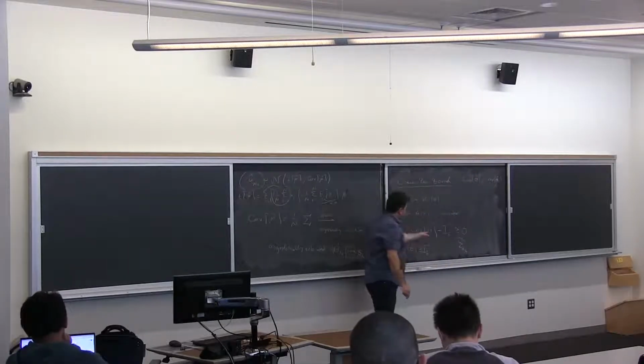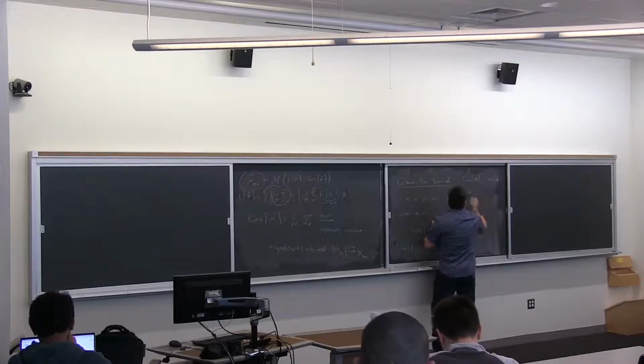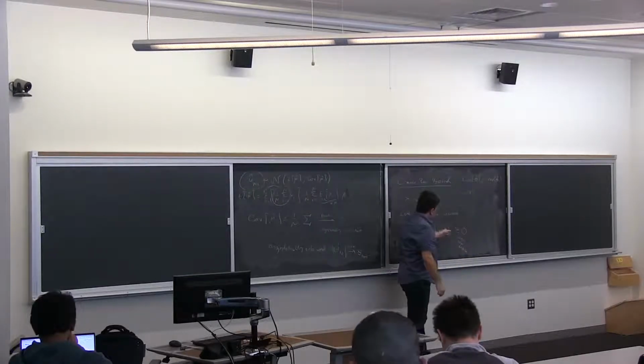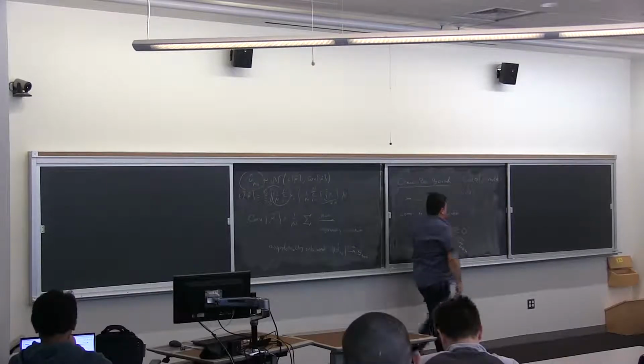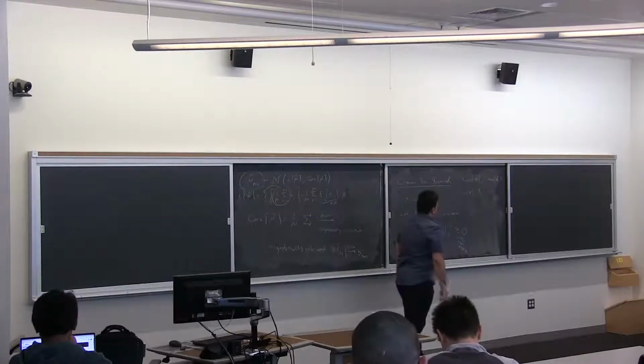What this implies is that covariance of theta hat diagonal i minus Fisher information matrix inverse diagonal i must be greater than or equal to 0.